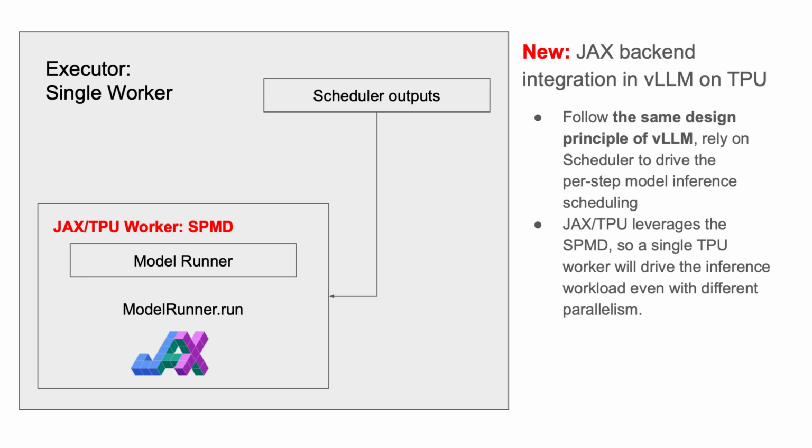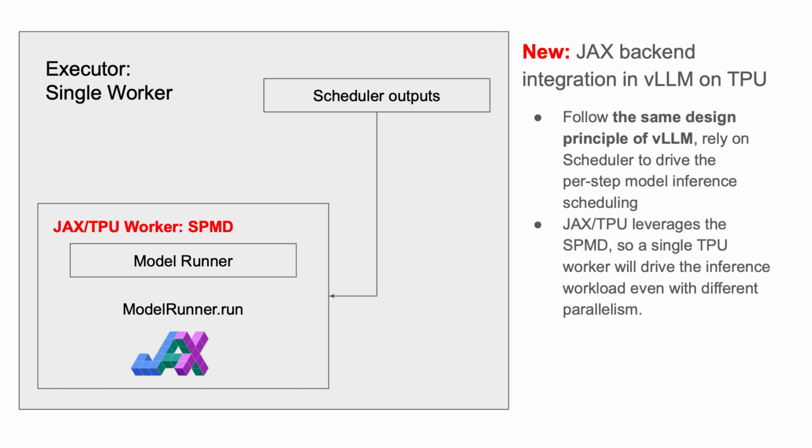Now, how can we make use of the existing vLLM design and make it work for TPU and using JAX backend? So we introduce a new JAX backend in vLLM TPU, which follows the same design principle as vLLM.